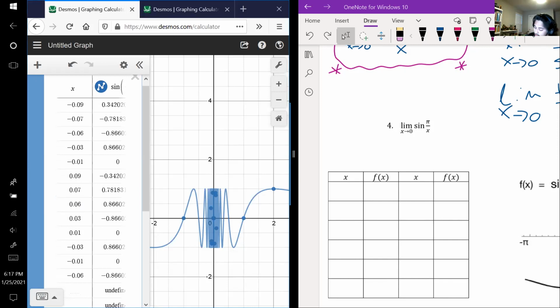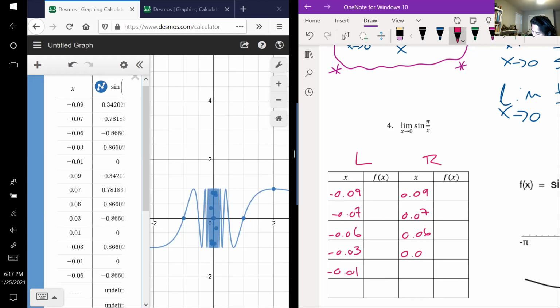So for the left-hand limit, I'm using negative 0.09, negative 0.07, negative 0.06, negative 0.03, and negative 0.01. And then the same numbers on the right limit: 0.09, 0.07, 0.06, 0.03, and 0.01.